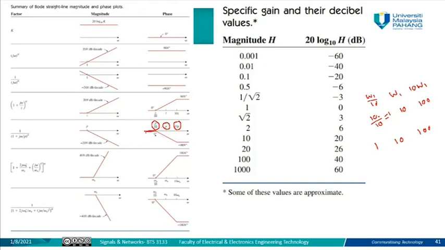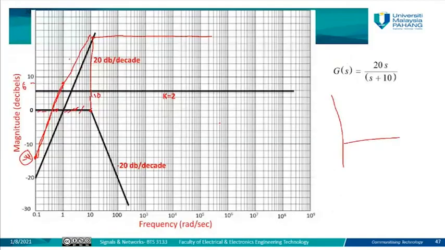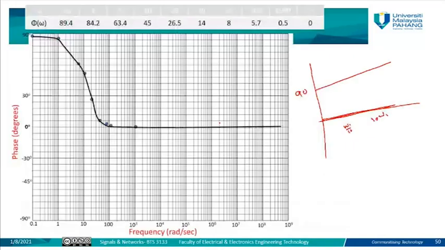So it will go from b over 10 until b, it will reach negative 45. Then from b until 10b, it will continue until it reaches negative 90. After 10b, it will stay there. So the form of our graph for the phase angle for this case will be like this one.